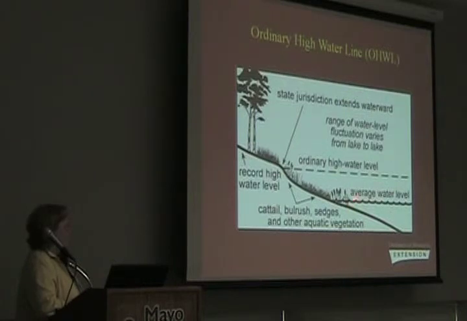For example, your average water level might be low down here someplace. At one time, maybe this was your ordinary high water level. Maybe you've had record high flooding up here. But anyway, there is a location called the ordinary high water level, and anything below that, if you're going to add plants, you need to have a permit.